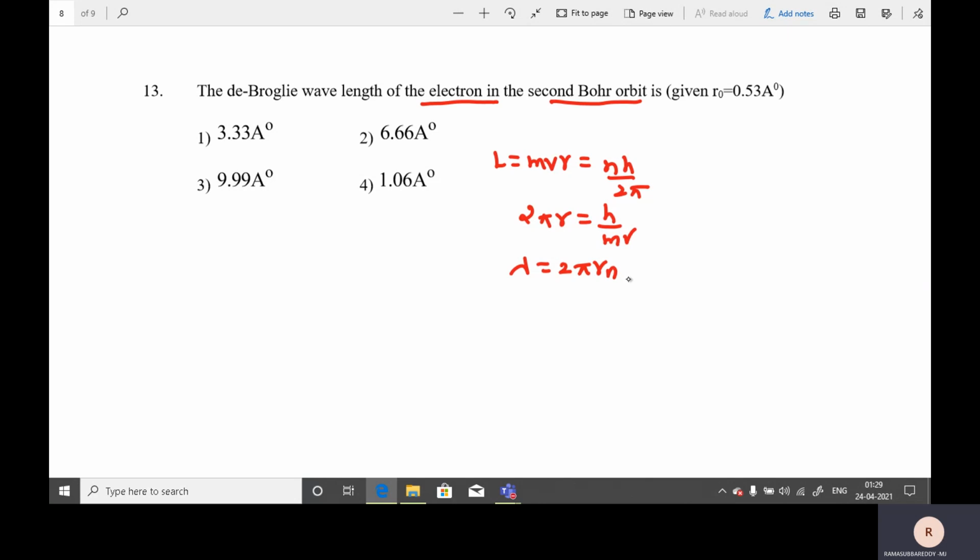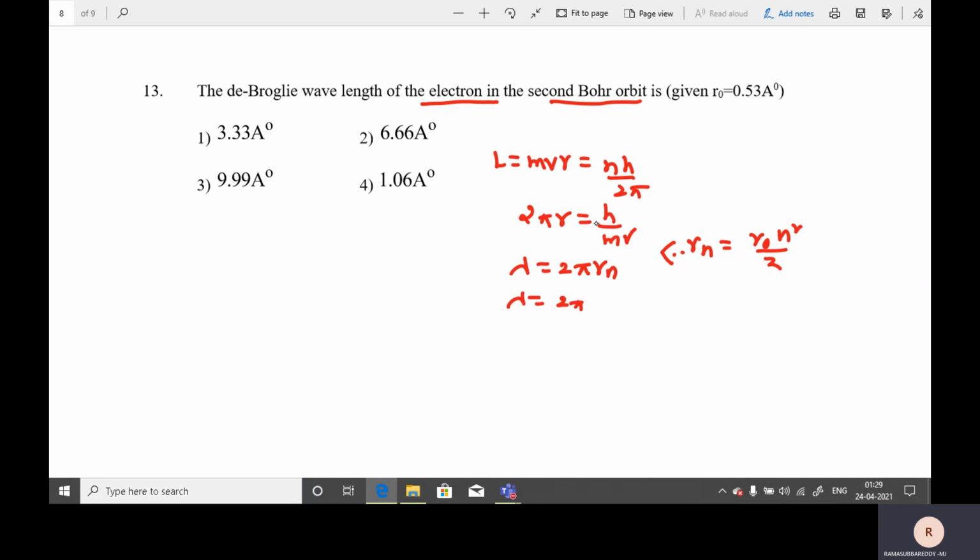If it is the nth orbit Rn, then we have the relation Rn is equal to R0 n square by z. Then lambda is equal to 2 pi Rn for the nth orbit.